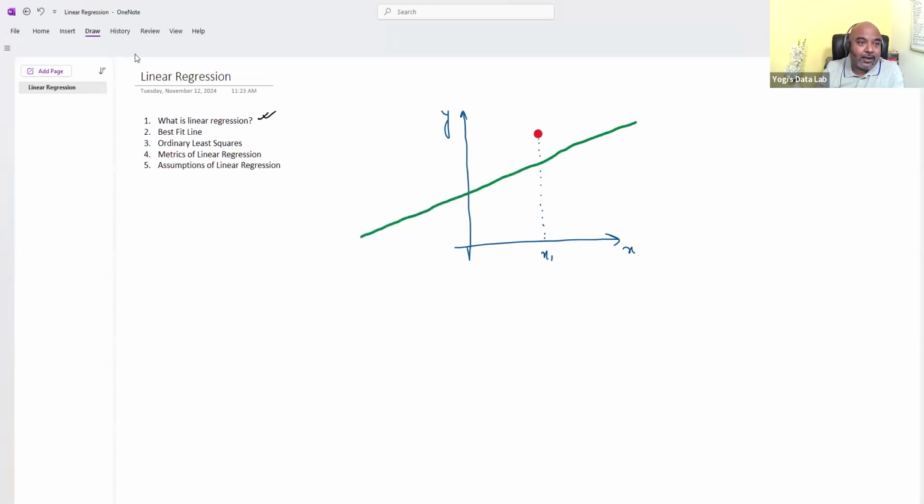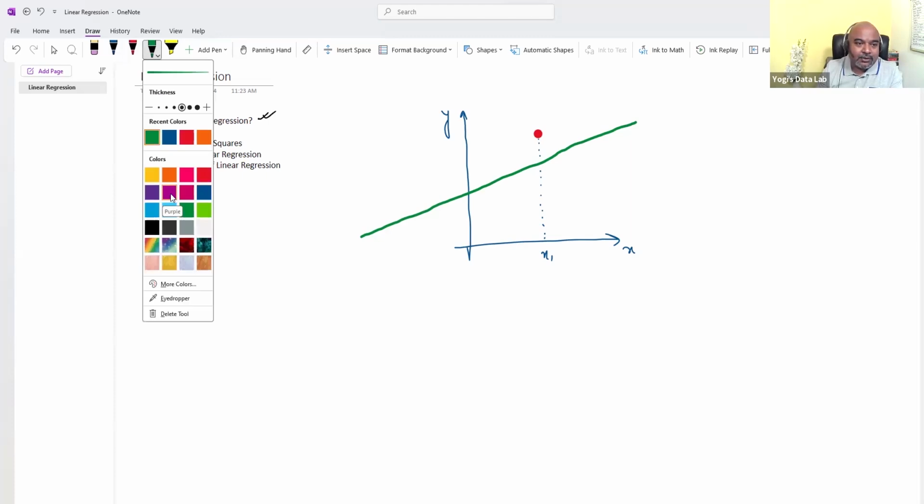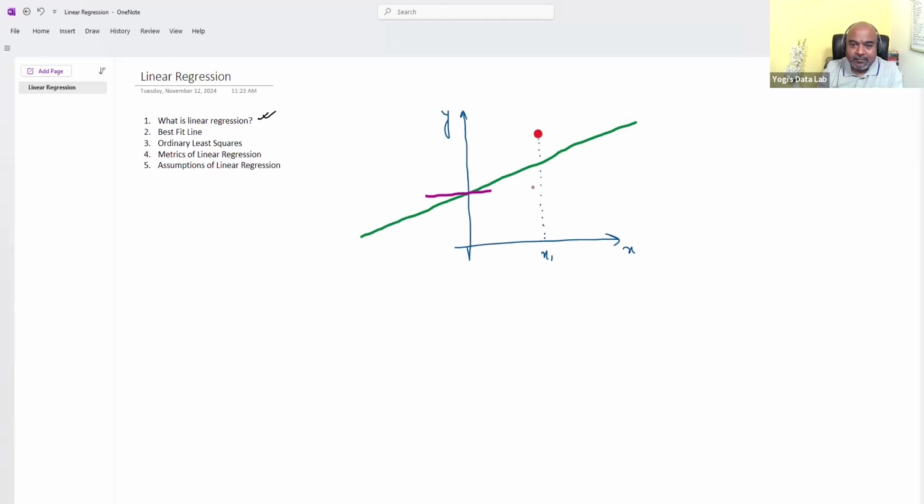Since I'm talking about distance measurements, the square distances, I'll also put an average line over here. So let us say this is your average line. When I say average line, it means the average of y, so y bar.